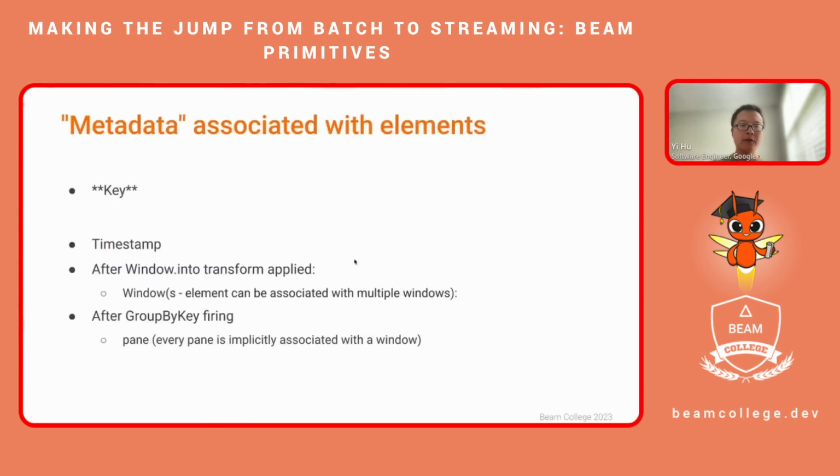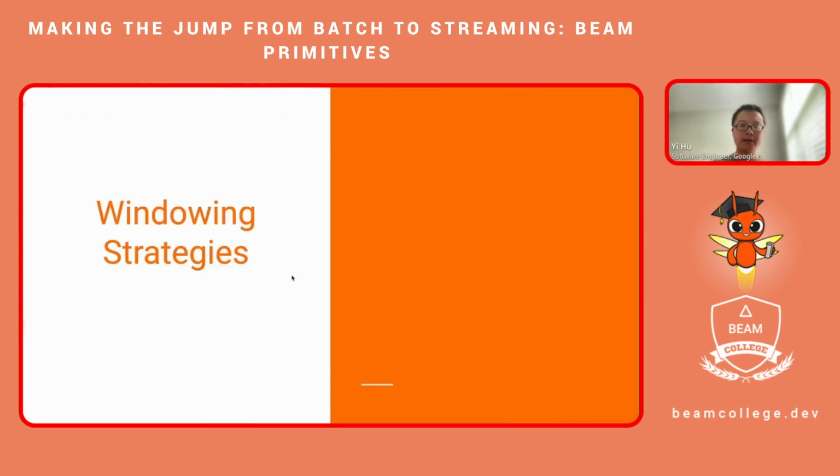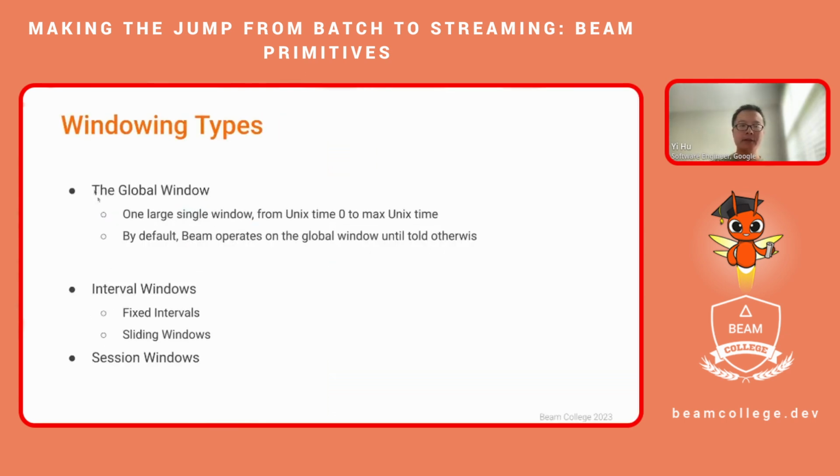So we first talk about the window strategies. In Beam, there are mostly three types of window. Of course, you can define your customized window. The provided windows are of three types. The first one is the global window, which is the default. If you do not use the Window.into PTransform, all the elements are in the global window.